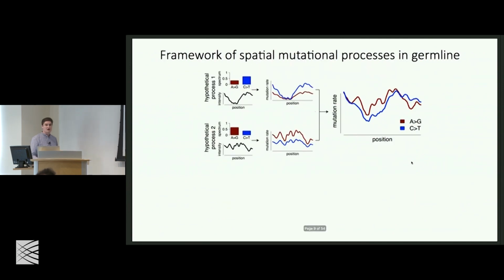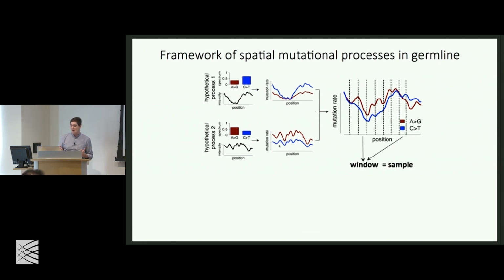And formally, to do so, we hypothesize that observed rates of different mutation types come from a small number of underlying processes, where each process is uniquely characterized by its spectrum, and it has intensity that varies along the genome, so that the final observed mutation rate is a sum of mutation rates that come from each of these processes.